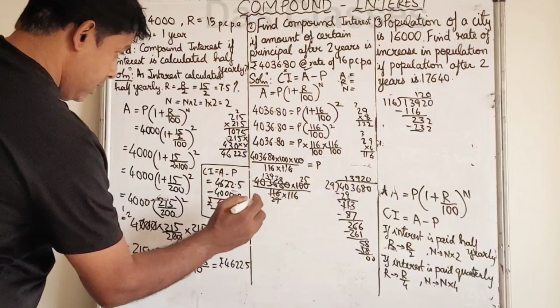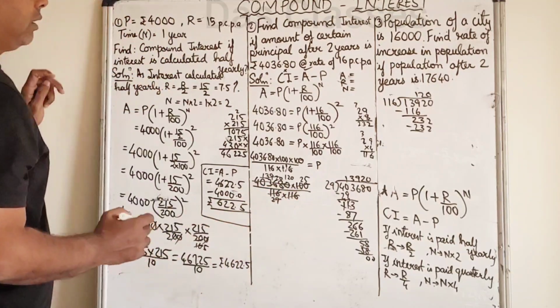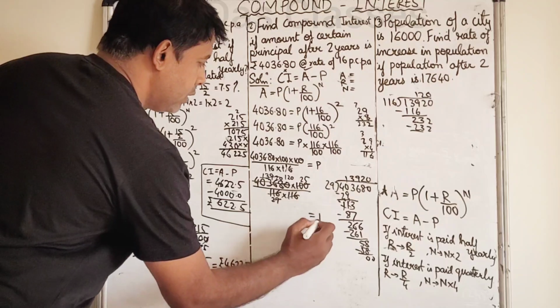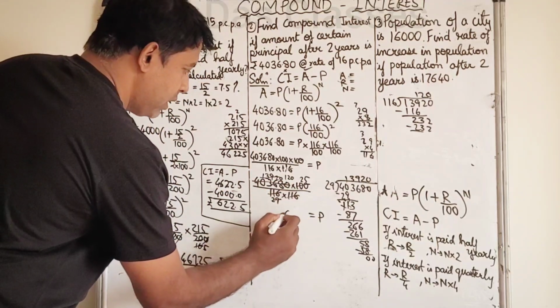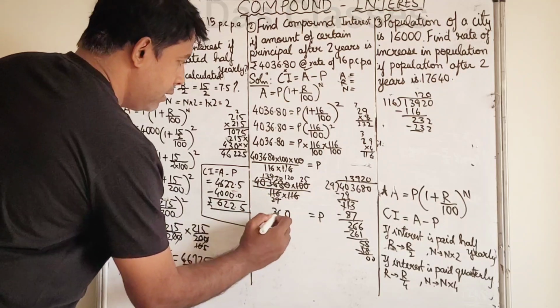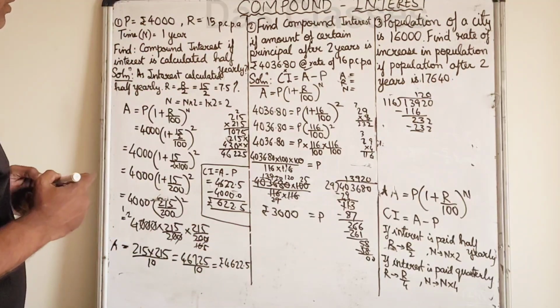So 120, now 120 into 25 is going to be 3000. So the principal is going to come to 3000.